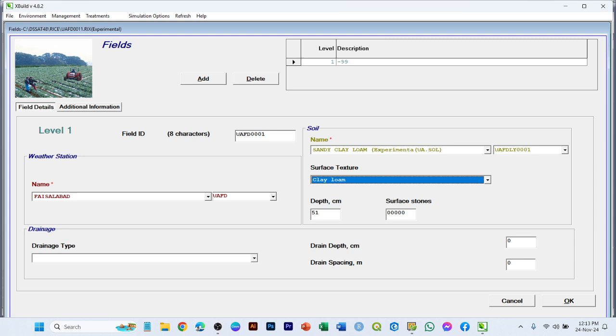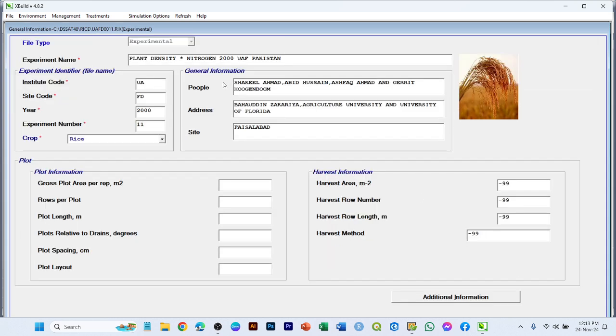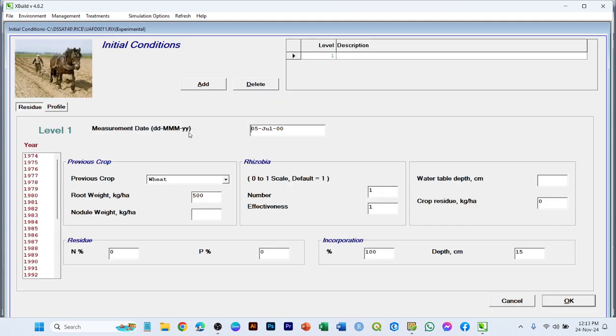Okay. So next, we have to go for the initial conditions. After fields, there are initial conditions, right? Over here, you have to mention the history of the crop and the soil: what was the previous crop, what was the root weight of the previous crop, and if it was a legume crop, then what was the nodule weight in kg per hectare, and so on. At the bottom there are residues.